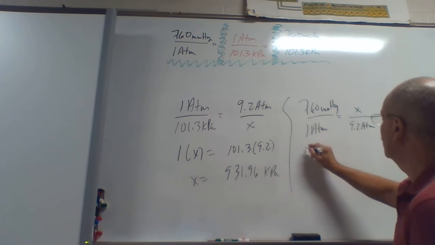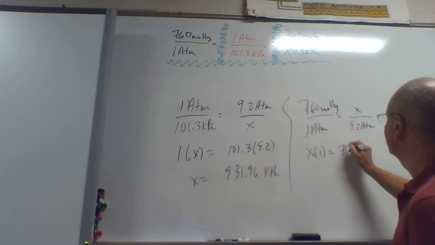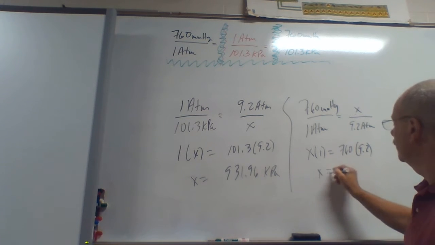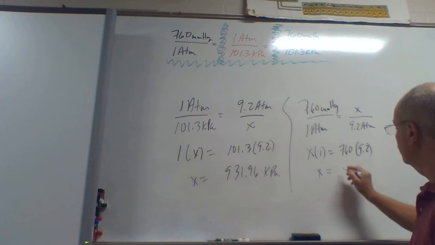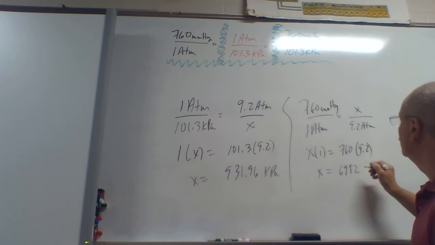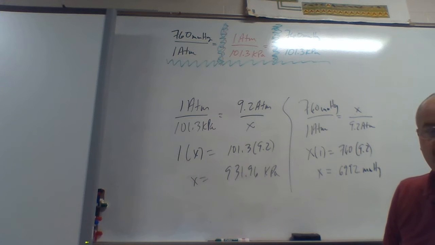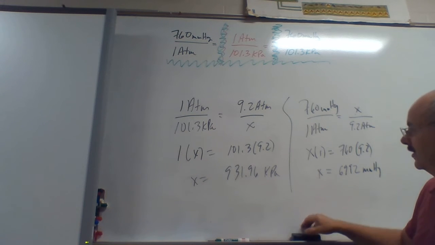So we're going to go X times 1 equals 760 times 9.2. If you multiply that out, you get 6,992 millimeters of mercury is that pressure. All right, so that was the first one. That was letter A.